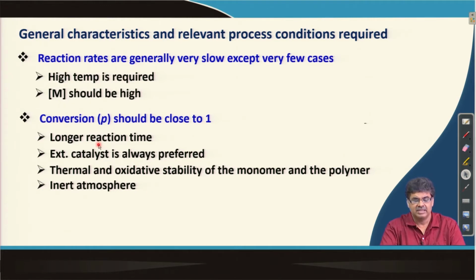Because the reaction takes longer time, we must choose monomers or the chemical structure of the polymer such that it can survive that high temperature condition. So, it should have enough thermal and oxidative stability. We must design monomers and polymers in such a way, and we also should ensure that the reactions are carried out in inert atmosphere to avoid any thermal and oxidative degradation of the polymers.